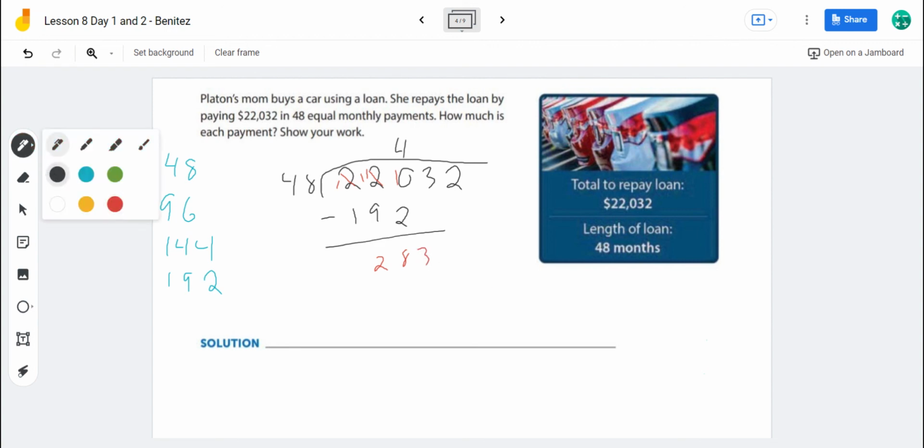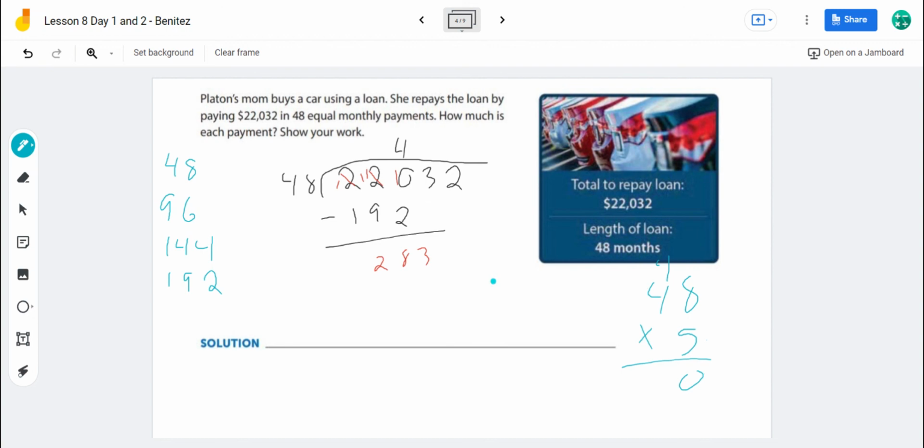It looks like I will need to go a little bit bigger for my multiples, because I know 48 goes into 283 more than 4 times. So let's go 48 times 5. 8 times 5 is 40. 5 times 4 is 20.